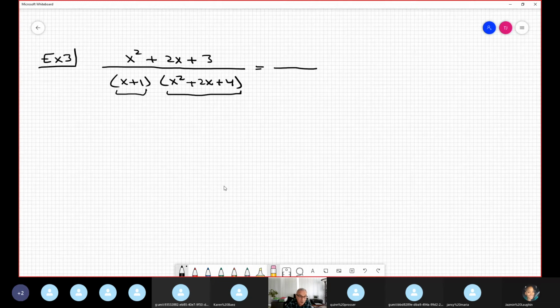It doesn't matter which you put first, x plus 1 maybe, and x squared plus 2x plus 4 secondly, you put A and Bx plus C. Remember, degree 1 on the top for degree 2 on the bottom, degree 0 on the top for degree 1 on the bottom. This is the typical format. Good?